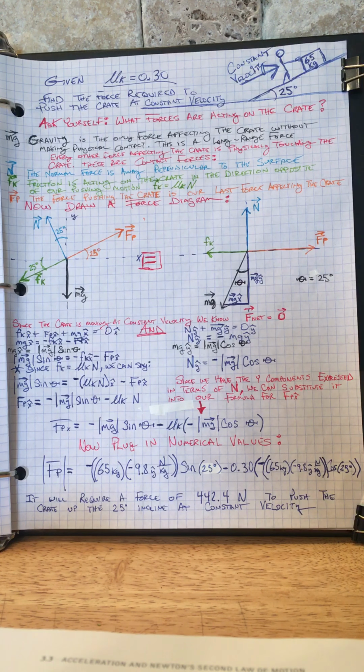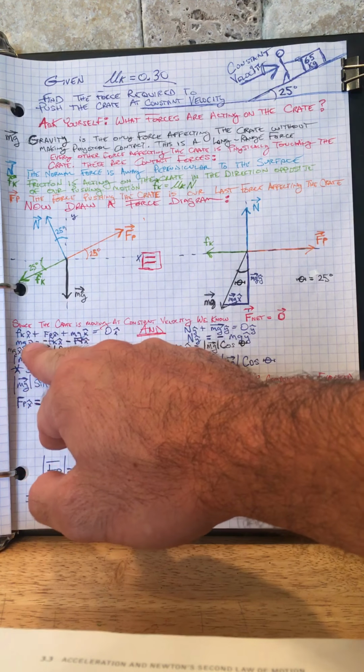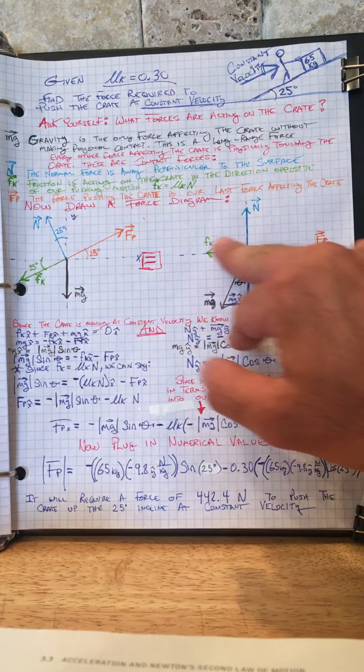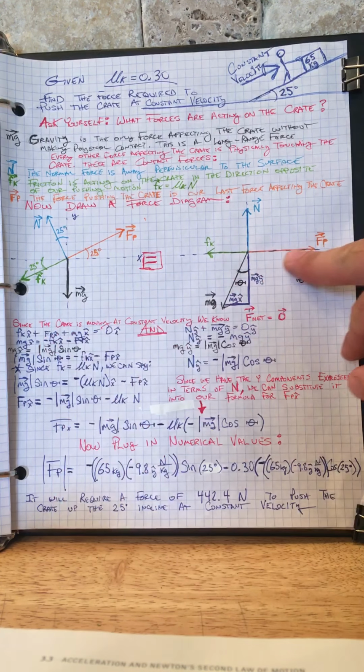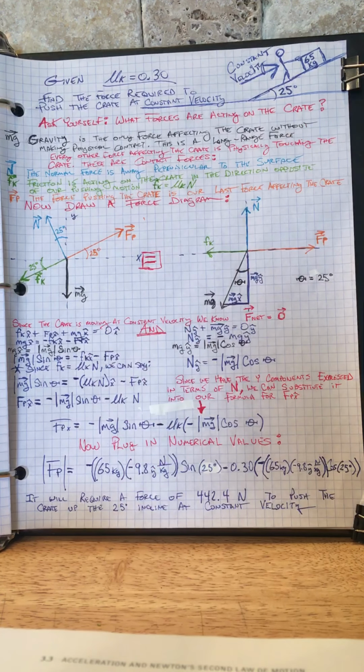All right, so as I stated, since the crate's moving at constant velocity, we know that F net equals 0. So all of the x components, friction x, the pushing x, and the x component of gravity are going to equal 0 x. We can rewrite that: mg x hat equals negative f_k x hat minus f_p x hat.